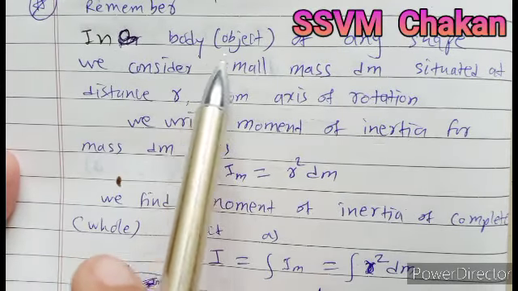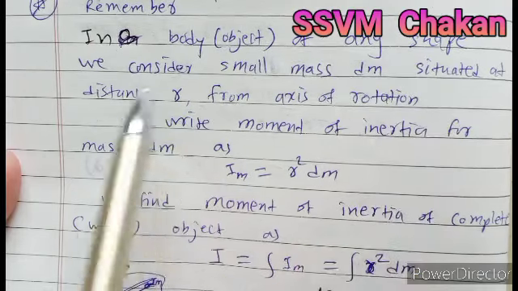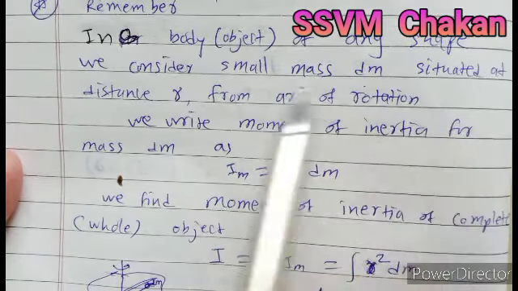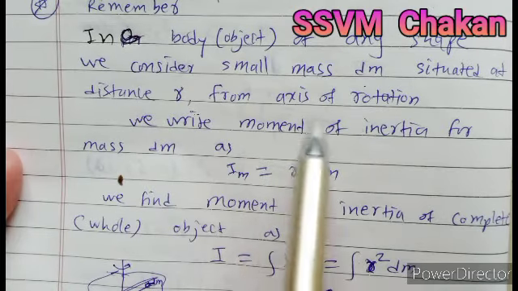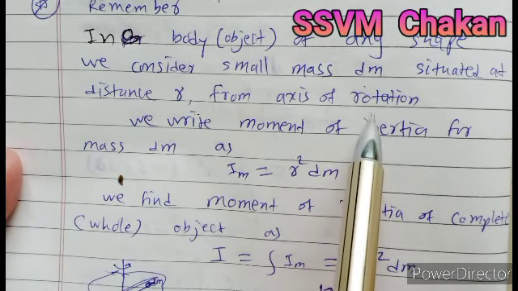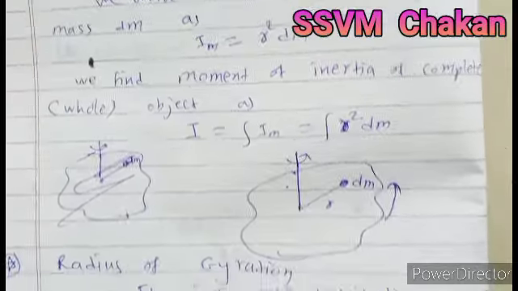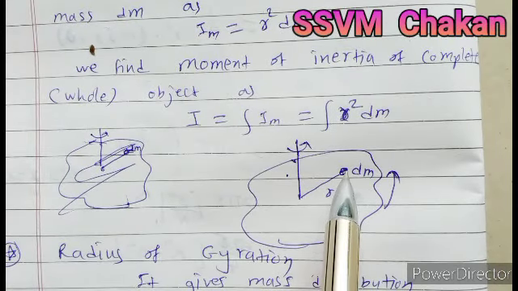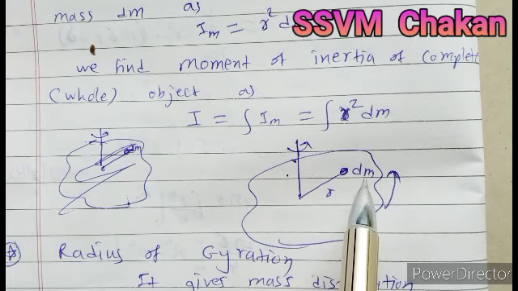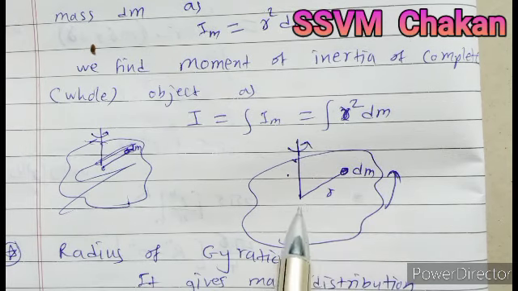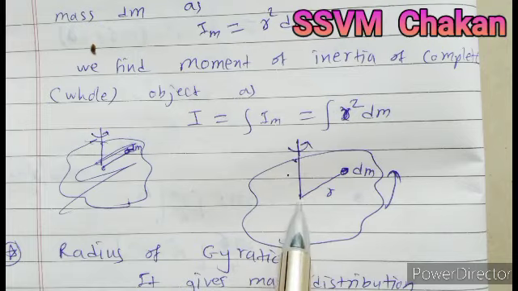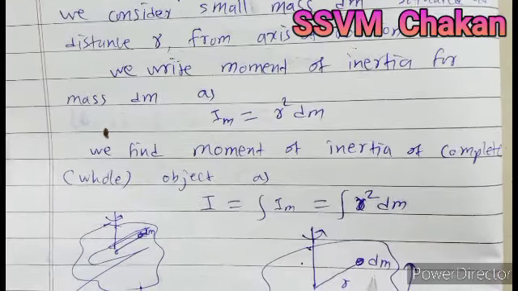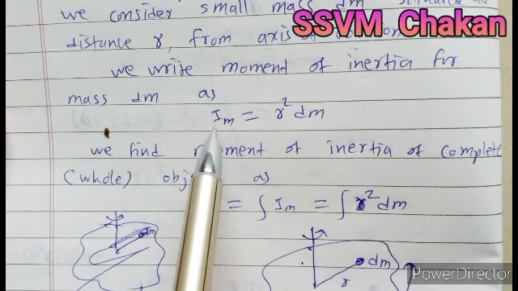In a body or object of any shape, we consider a small mass dm situated at a distance r from the axis of rotation. Suppose this is a body of any shape and this is one point or one particle whose mass is dm, which is at a distance r from this axis of rotation. Then we write the moment of inertia of this mass dm.